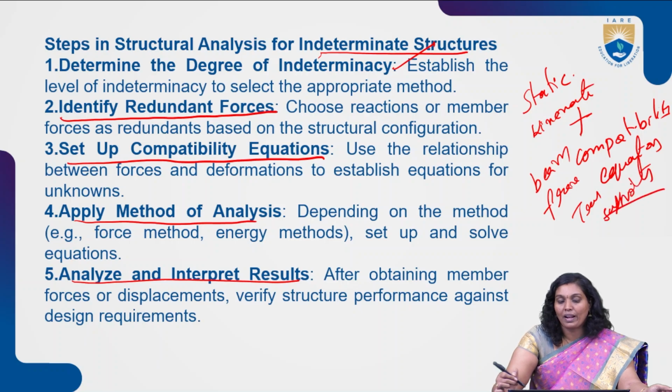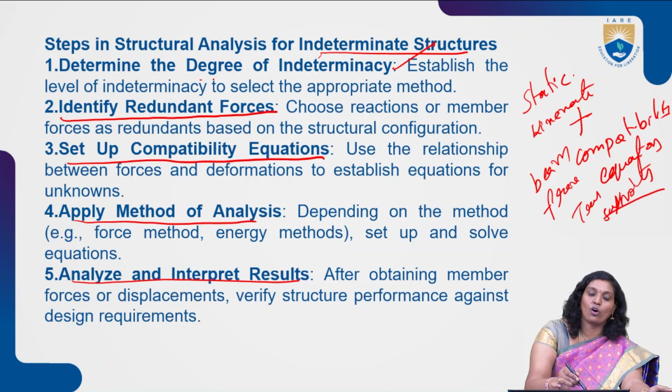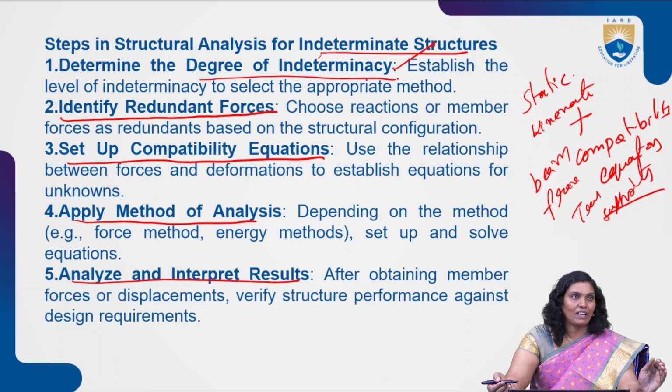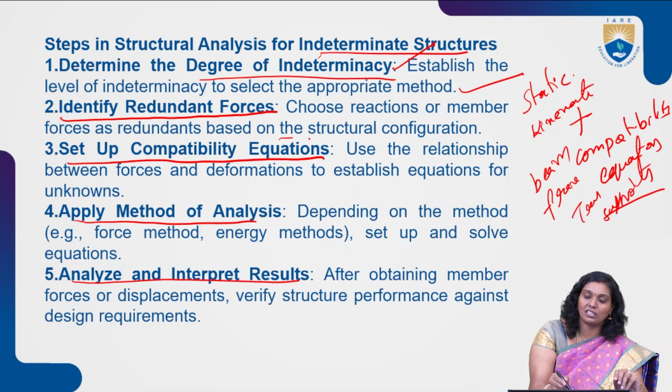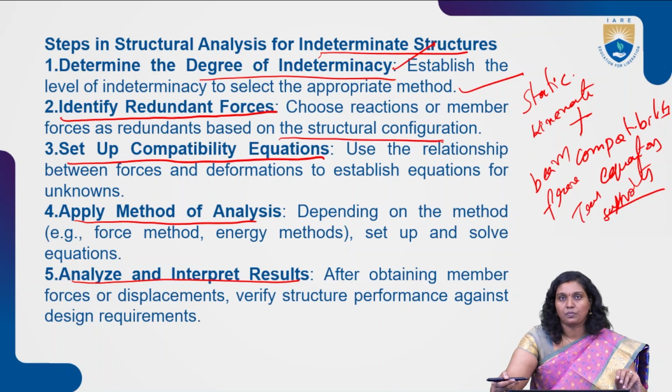These are all the parameters for identifying the degree of indeterminacy. First we have to establish the level of indeterminacy to select the appropriate method. Once we identify the redundant forces, we choose which reactions or member forces are redundant based on the structural configuration.